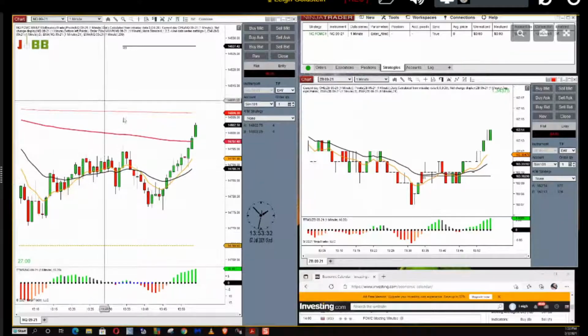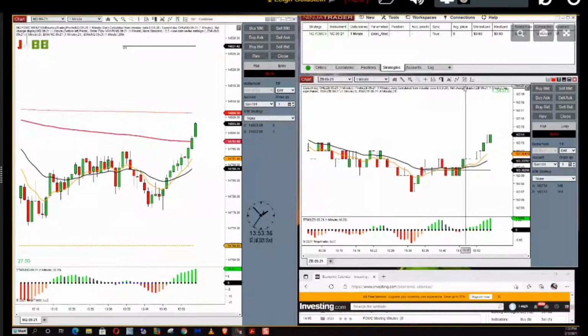I'm tempted to set up the gold trade. We can look at bonds. I mean, I don't think bonds are going to move very much on this report.